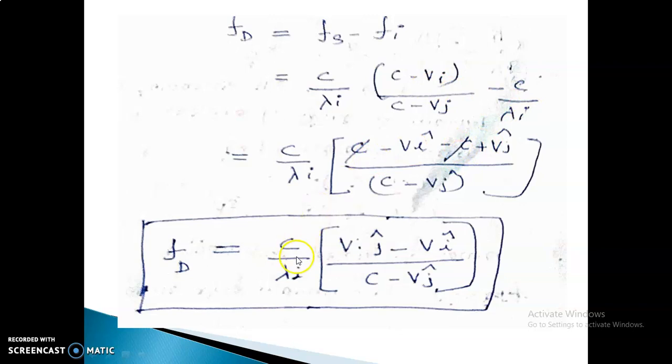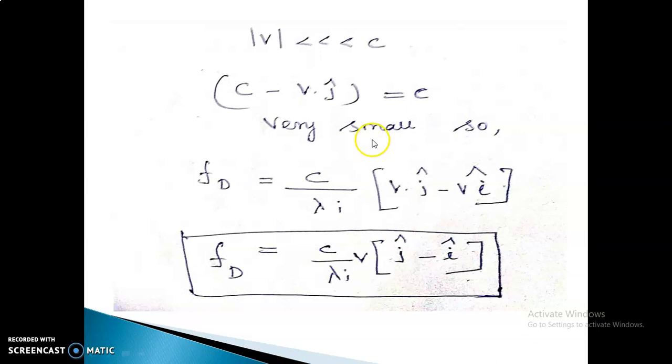Finally we have C by lambda I of Vj unit vector minus Vi unit vector divided by C minus Vj unit vector. This is how we can calculate the frequency shift from the incident and the scattered one. If the incident and the scattered one are known, then we can calculate the frequency shift across those two signals. And the velocity is always less than C.